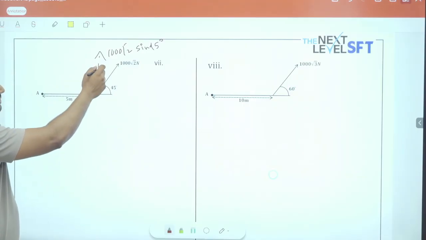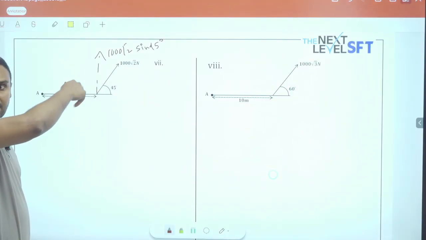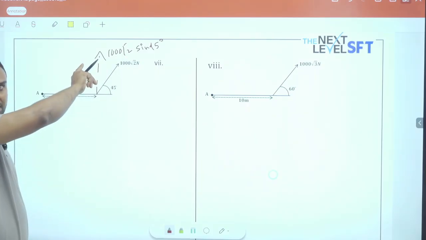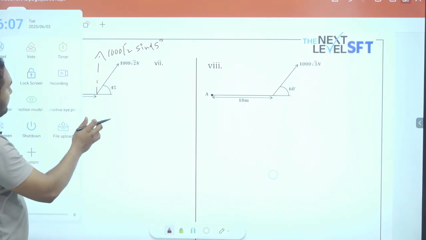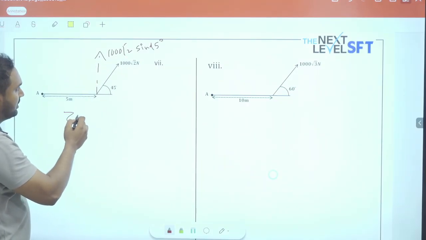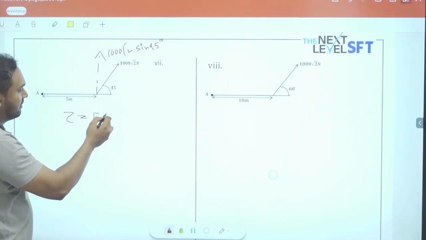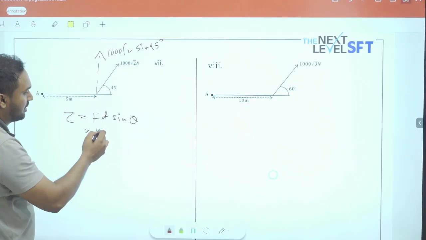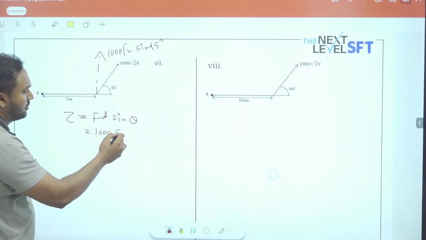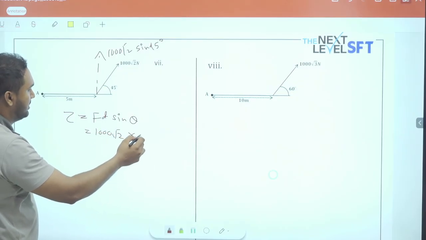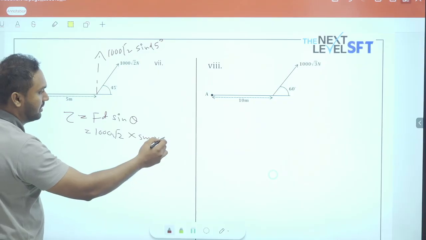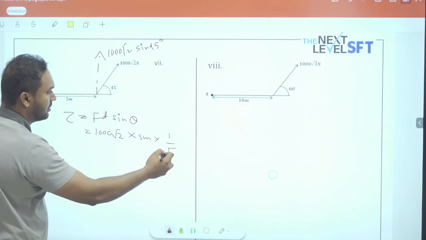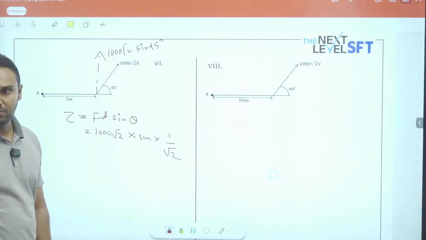So this is the force causing the torque, or the moment, not this one. If I take tau equals Fd sine theta, now the force is 1000 root 2 and the d is 5 meters, and sine 45 is 1 over root 2.